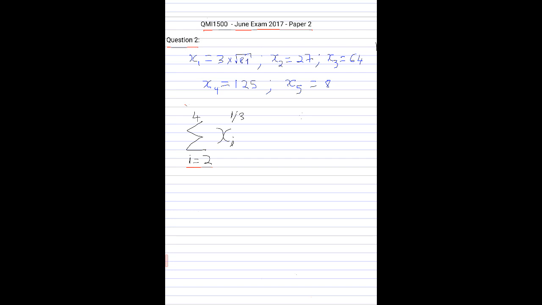So this equals x2 to the power 1 over 3, plus x3 to the power of 1 over 3 as well, plus x4 to the power of 1 over 3.